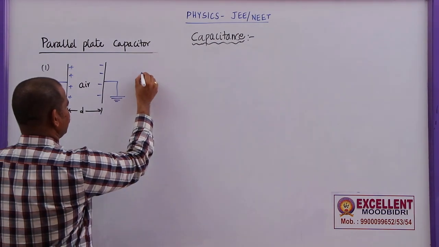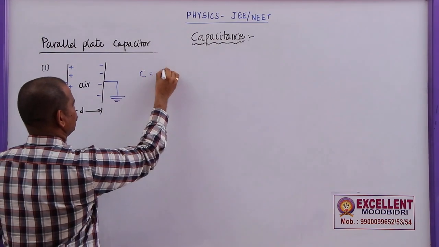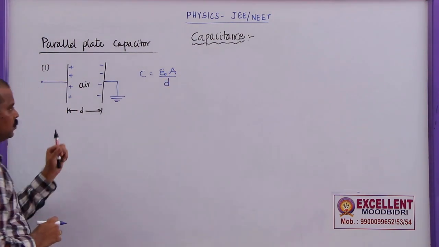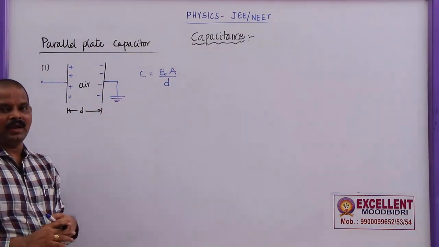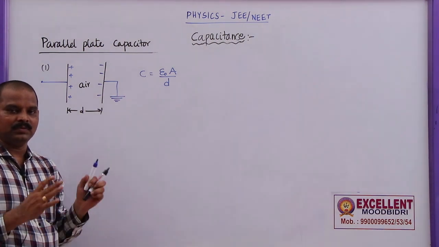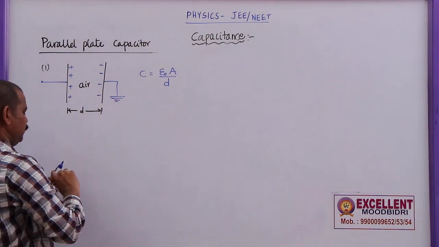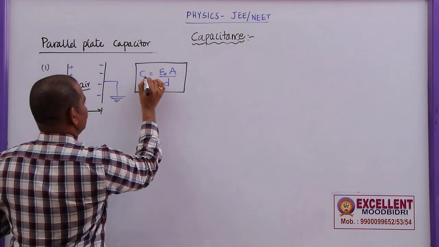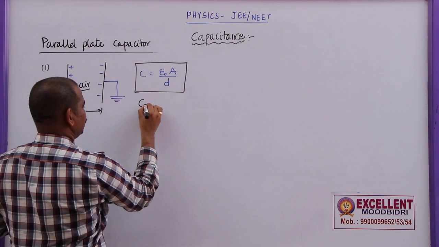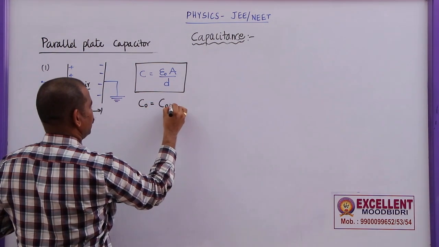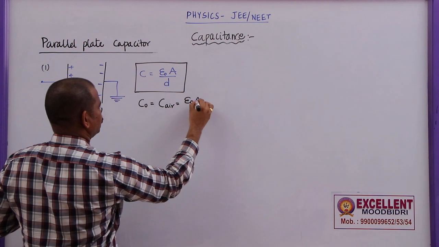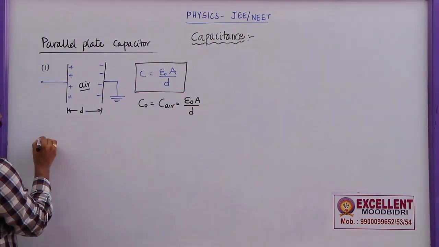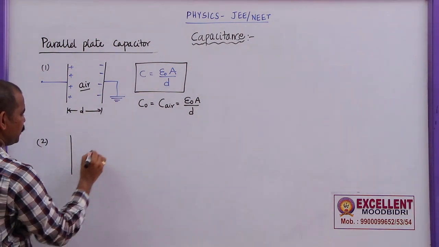What is the capacitance of this parallel plate capacitor? This is given by epsilon naught A by d. This is the expression that can be used to find the capacitance of a parallel plate capacitor if the space between the two plates is completely filled with air. So, this is C air. Generally, we denote it with C, or you can write C naught or C air, which is given by epsilon naught A by d.